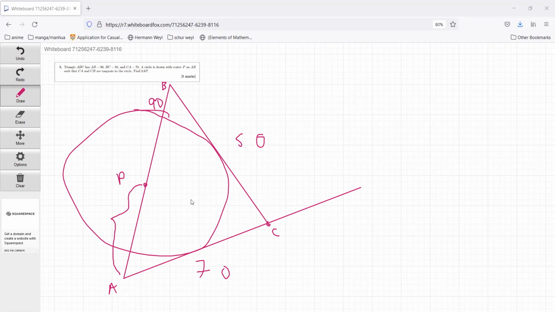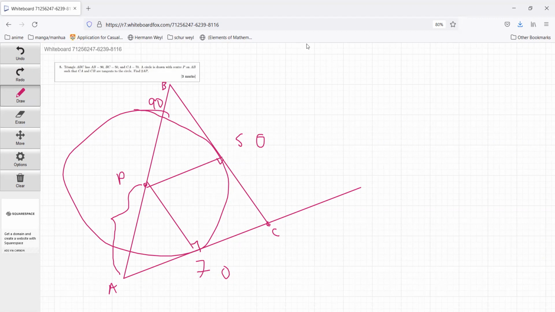All right, so let's just start drawing in some lines. We've got the radii, which we know are perpendicular to the tangents.